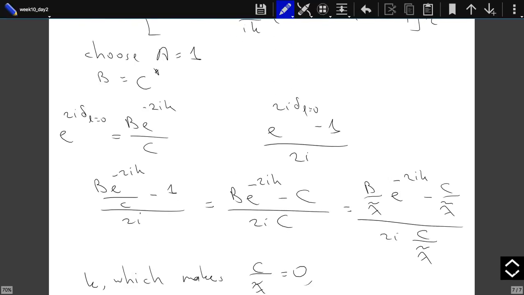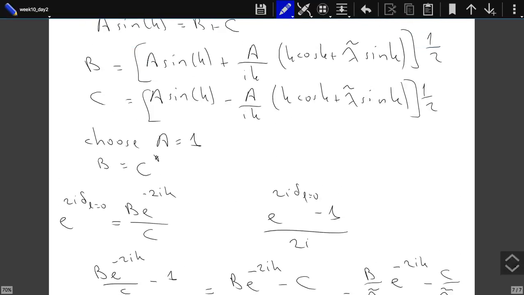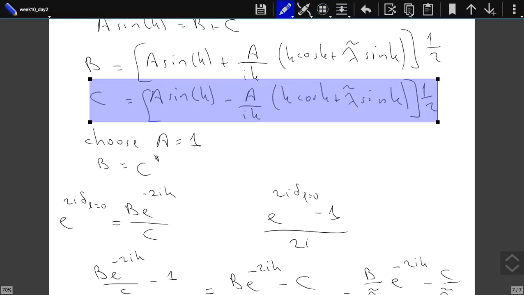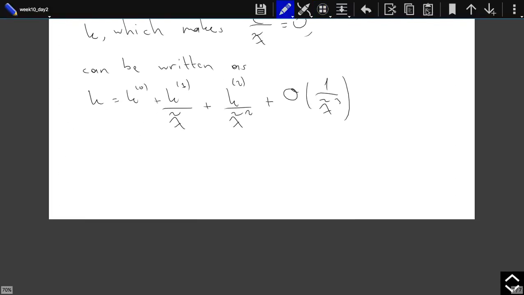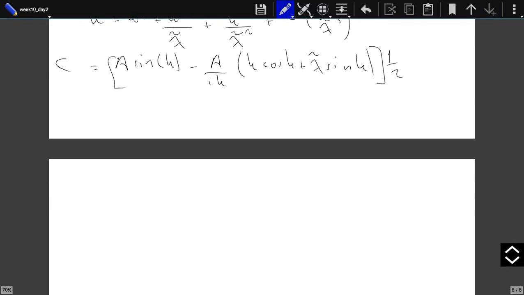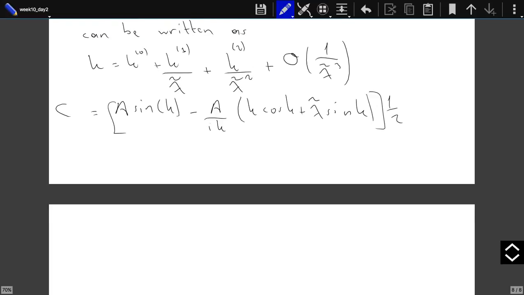So let's see what c was. c is this one. So I'm looking for, well, let me just substitute it. Sine of k0 plus k1 plus k2, keeping in mind that k1 contains 1 over lambda tilde, and k2 contains 1 over lambda tilde squared.